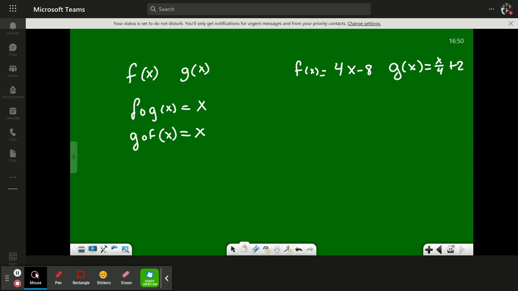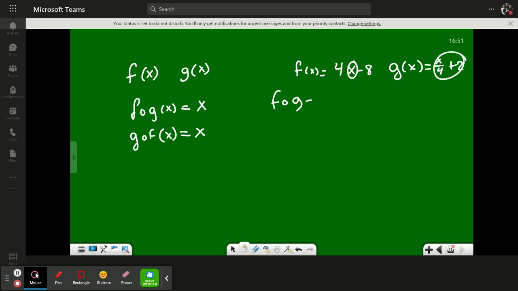This is scary. No, it's not. Come on. F of g. You know this stuff. F of g means that this has to replace that x, right? I've got to put this function in for that x.